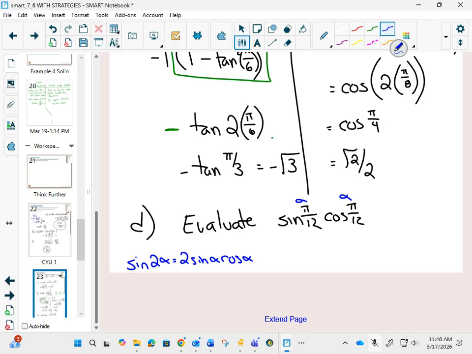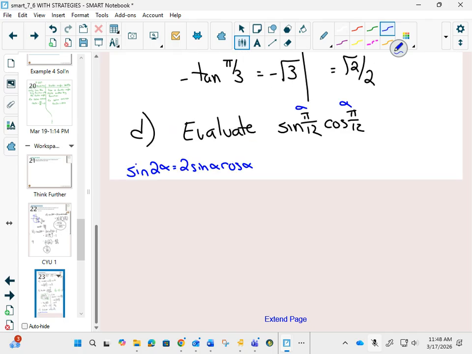In mathematics, you can be creative. If something's missing, oh, I'm missing a 2. Well, put it there. Is that allowed? No. But it's allowed if I also multiply by a half.